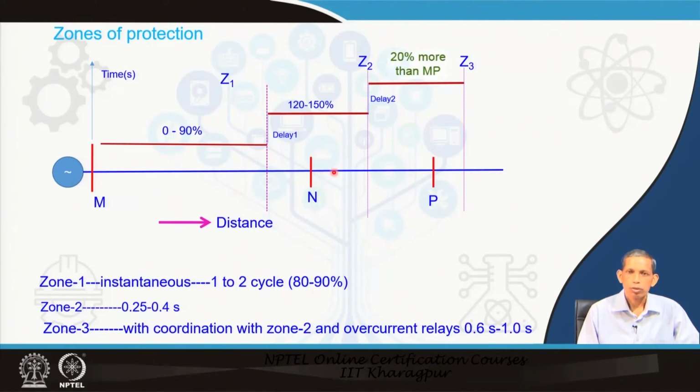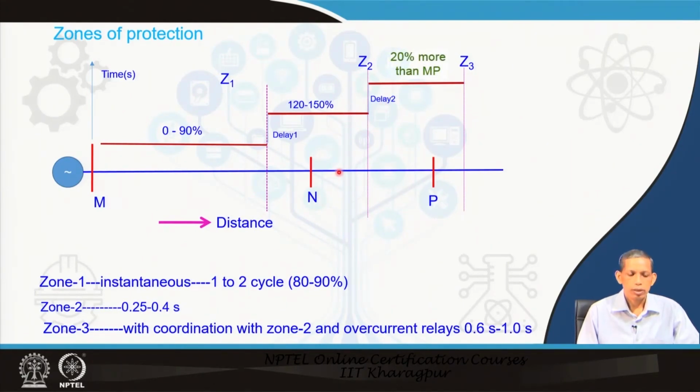So, the corresponding zone 2 of this must operate after the primary at n operates for a fault here, because it will also see this fault. So, therefore, the zone 2 is slower, and that is the reason this is instantaneous. We delay the corresponding zone 2 operation typically by a few cycles, a time of 0.25 to 0.4 second and so.